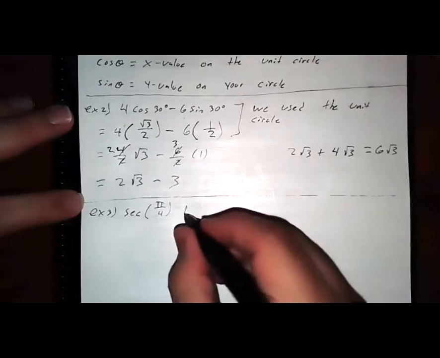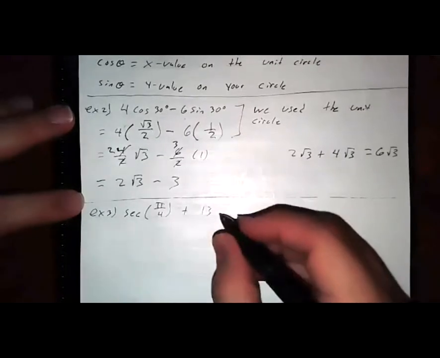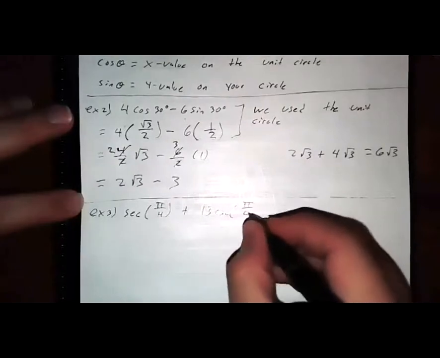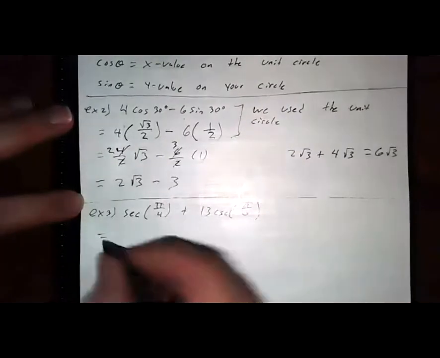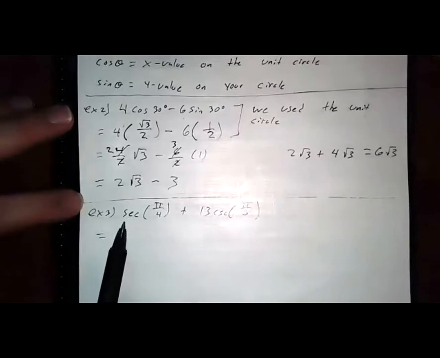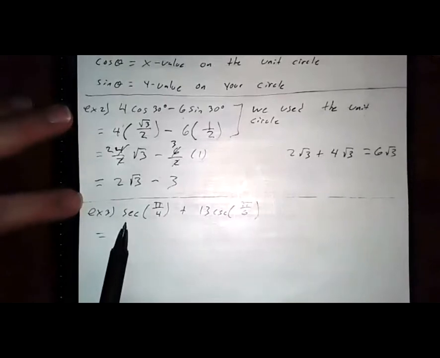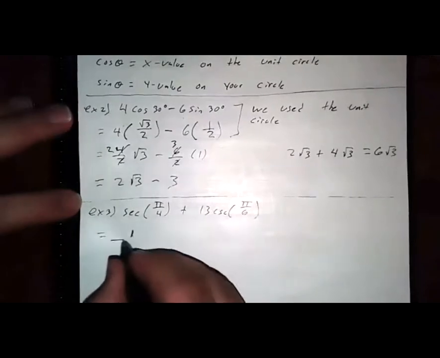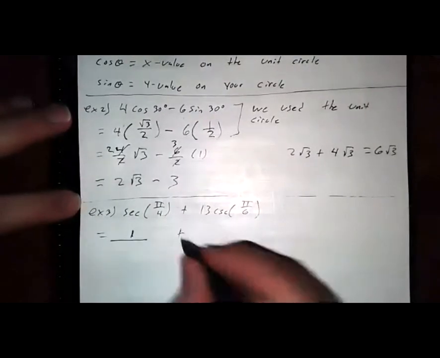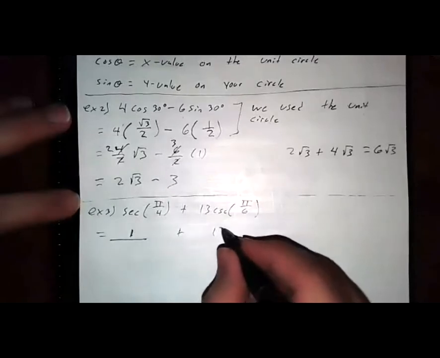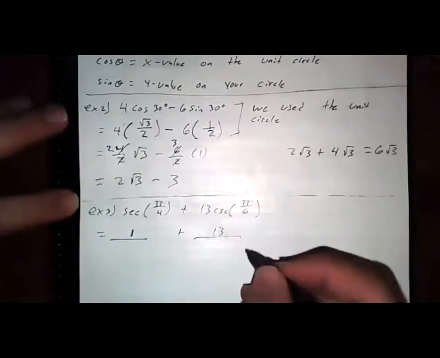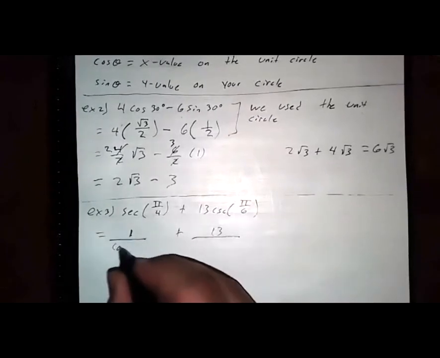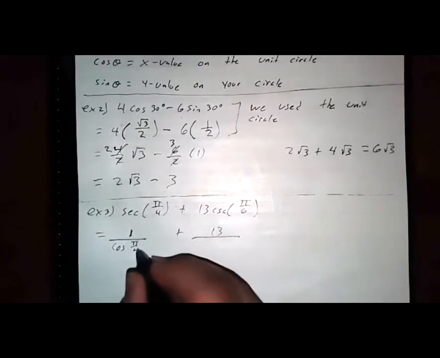Secant of pi over 4 plus 13 cosecant of pi over 6. So here it would be easier to change these into the reciprocal, right? Because what is secant? It's 1 over what? Cosine? Yeah, it's going to be cosine of pi over 4.